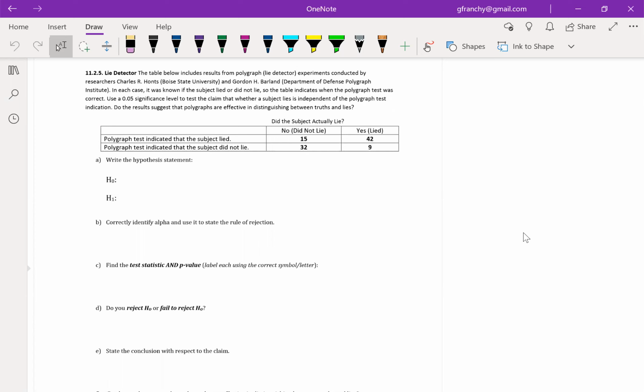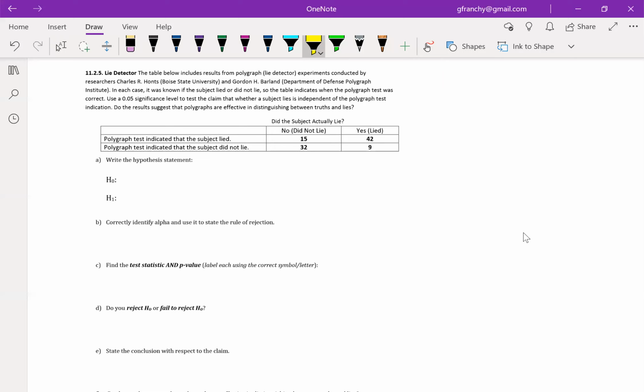So as always, that sort of interpretation question we're going to save until we figure out what our statistical conclusion is here. What true independence would look like here is the polygraph would have the same success rate, whatever its success rate was overall, whether the person was lying or not lying.